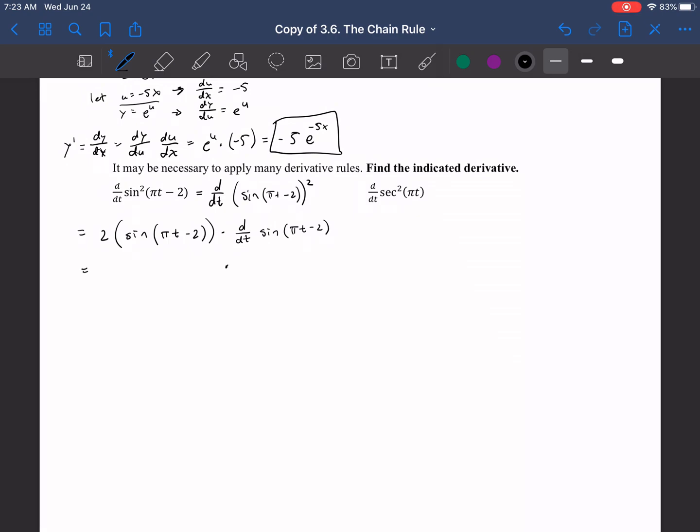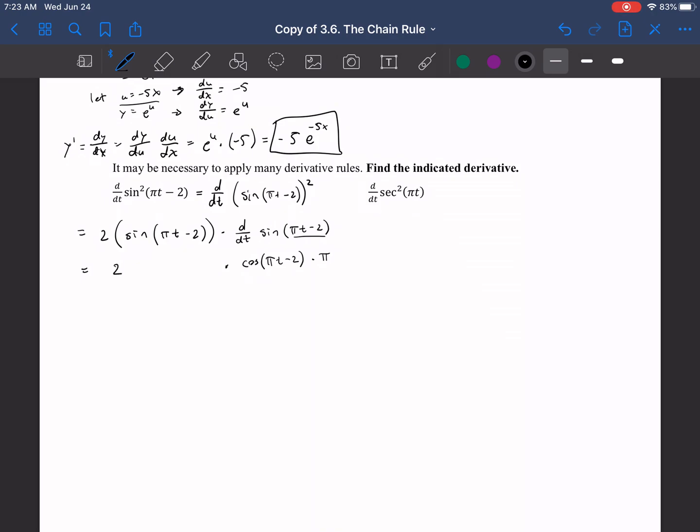So the derivative of that, you have to chain rule it. You have an outer function sine and an inner function pi t minus 2. So the derivative of sine is cosine of pi t minus 2, times the derivative of what's on the inside, the pi t minus 2. Well, the derivative of pi t is just pi, and then the derivative of minus 2 is just 0, so it goes away.